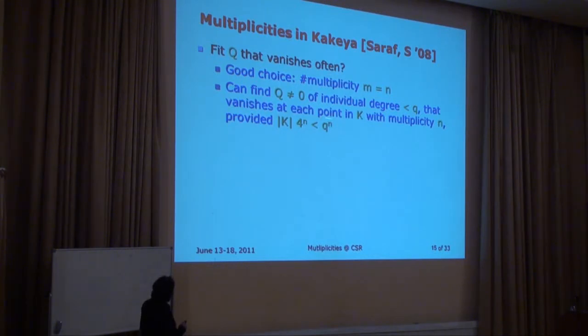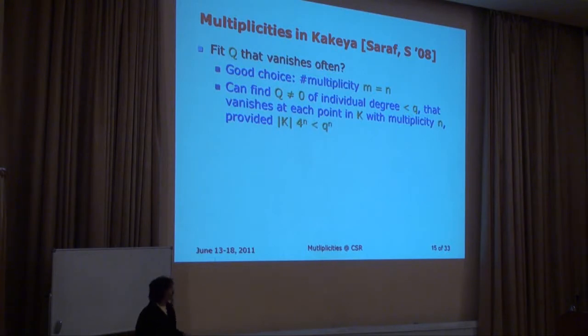So how many coefficients do we have now? This is very easy to count. It's just q to the n. So the total number of coefficients that we have is q to the n. And we will want to make sure that at each one of these points in the Kakeya set, this polynomial vanishes with high multiplicity, multiplicity n. So if you recall, we said there are m plus n choose n partial derivatives to worry about.